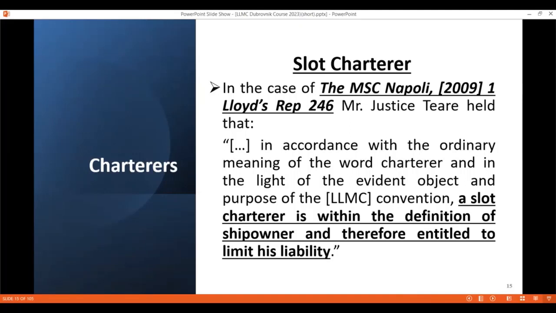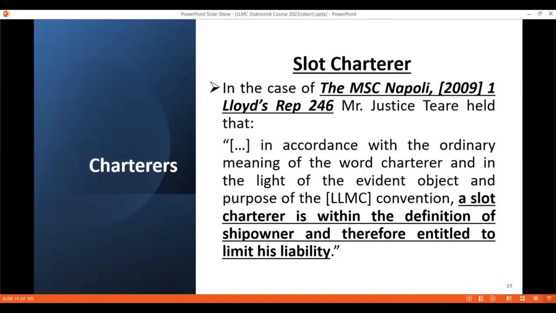Some 15 years ago, the CMI had done a bit of a study, and I recall that countries like Argentina, Spain, I believe Mexico, had opposed the notion that the slot charterer should be entitled to limit liability. And on other presentations, I understand why, because there's a very close relationship with volume contracts, which would be a shipper trying to invoke a right to limit liability that is not covered.